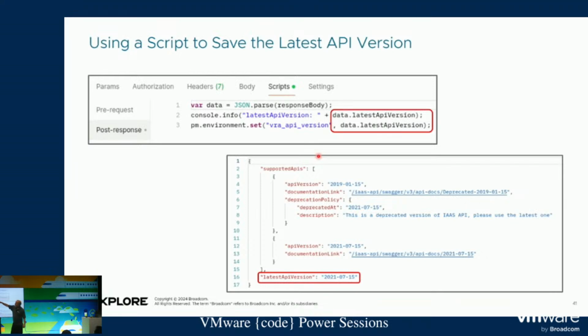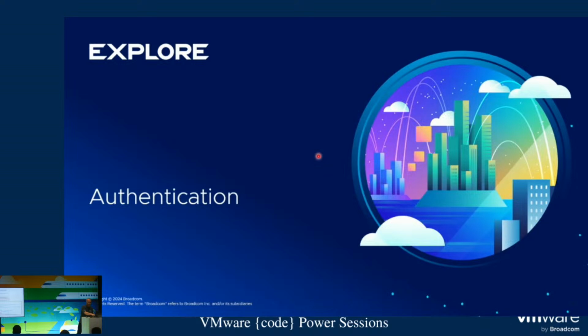In the case of line number 3, we're using a Postman method that's going to put that value into a Postman variable called this. So I'll just add this variable to all of my subsequent URLs, thereby tying the operations to the latest API version.